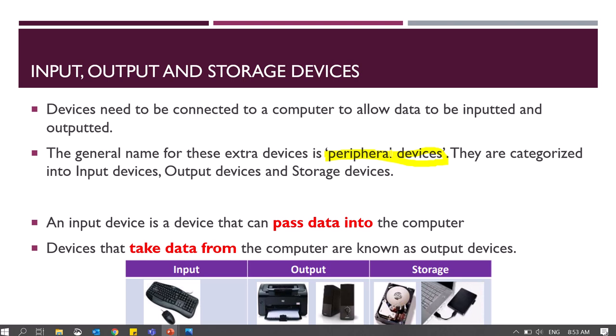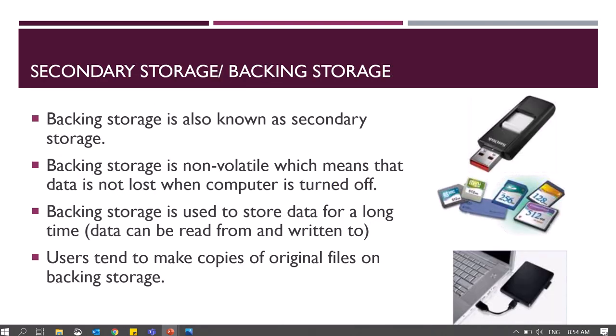Peripheral devices are categorized further into three: input device, output device, and storage device. Input devices pass data into the computer. The devices that take data from the computer are known as output devices. And those devices which do neither input nor output but are used for storage externally are called storage devices.